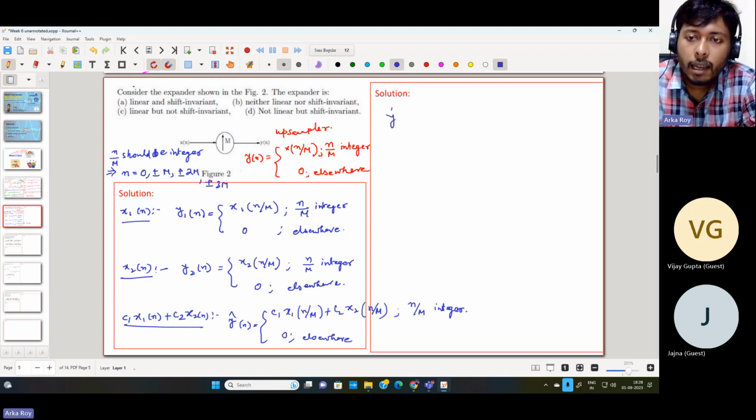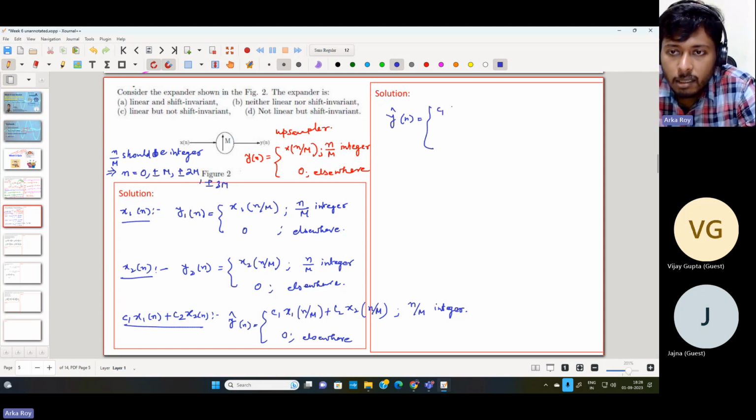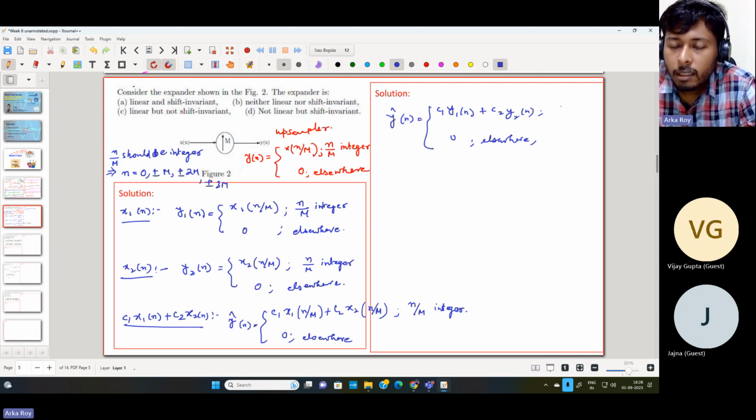So y hat of n, I can see, is basically C1 y1n plus C2 y2n, and 0 elsewhere, with the same condition that n by m is an integer.